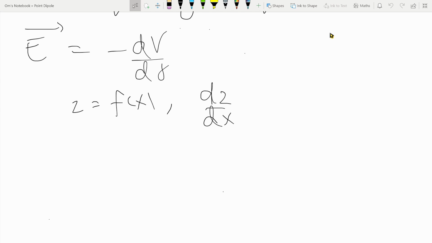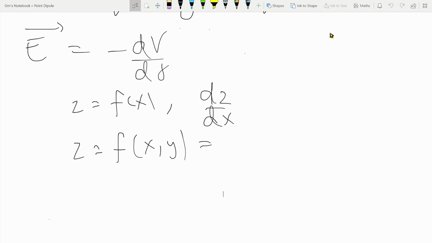But what if you have a function, suppose z, again, that is dependent now on two variables, say x and y. So in this case, you can't simply differentiate with respect to one variable, because the function itself is dependent on both variables, and you can't treat y as a constant while differentiating regularly. So instead, what we do is we choose any one particular variable to differentiate with respect to, and we keep all the other quantities constant.